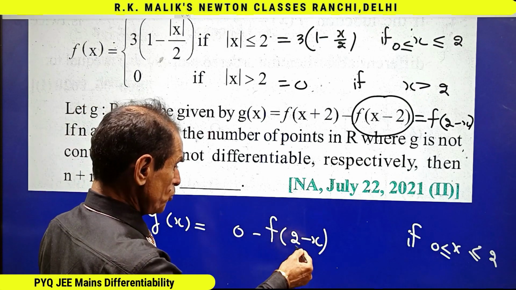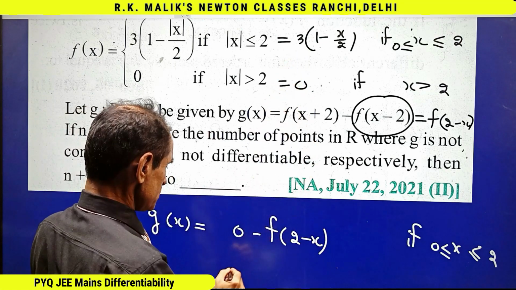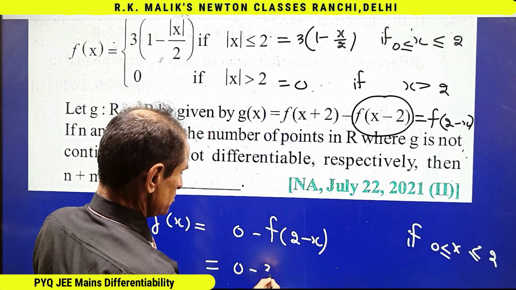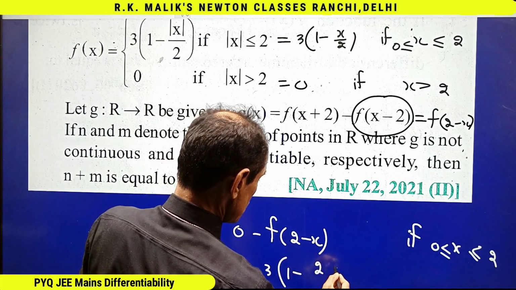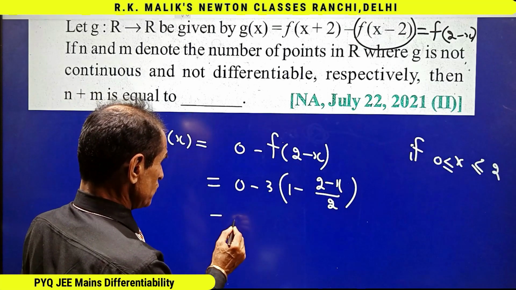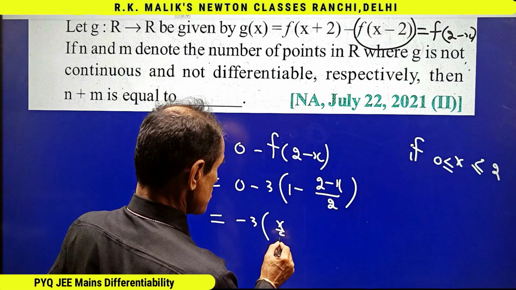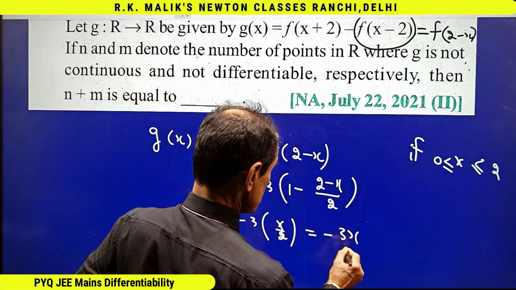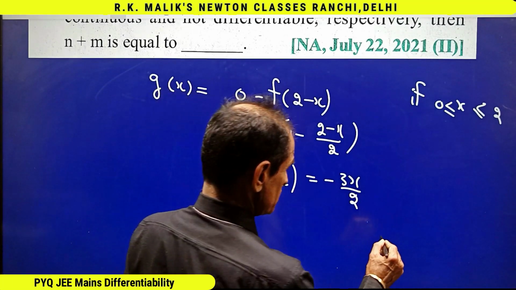And because 2 minus x lies between 0 and 2, using this, I'll be getting 0 minus 3 into 1 minus (2 minus x) by 2. That is equal to minus 3 into x by 2. That is minus 3x by 2.